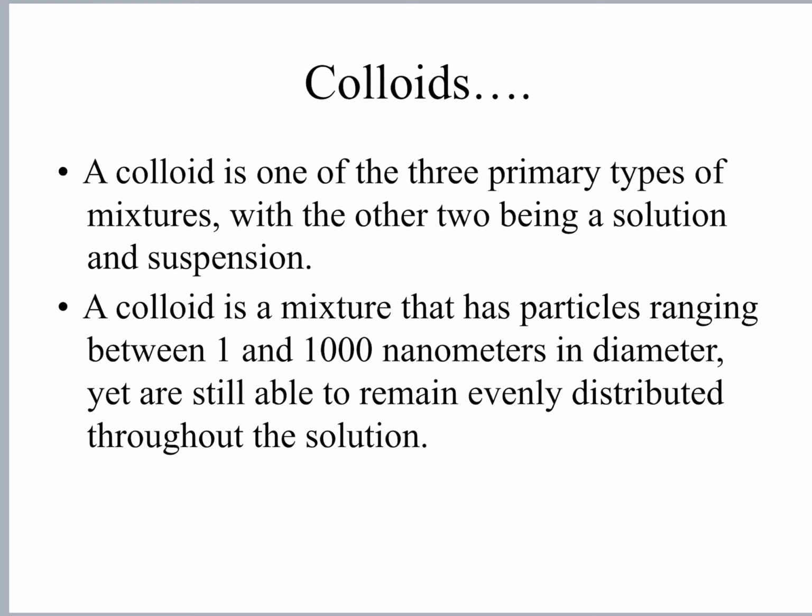A colloid is one of the 3 primary types of mixtures, with the other 2 being solution and suspension. A true solution is homogeneous, a suspension is very large. A colloid is a mixture that has particles ranging between 1 and 1000 nanometers in diameter. Above 1000 nanometers it is a suspension; below 1 nanometer particle size, it is a true solution.